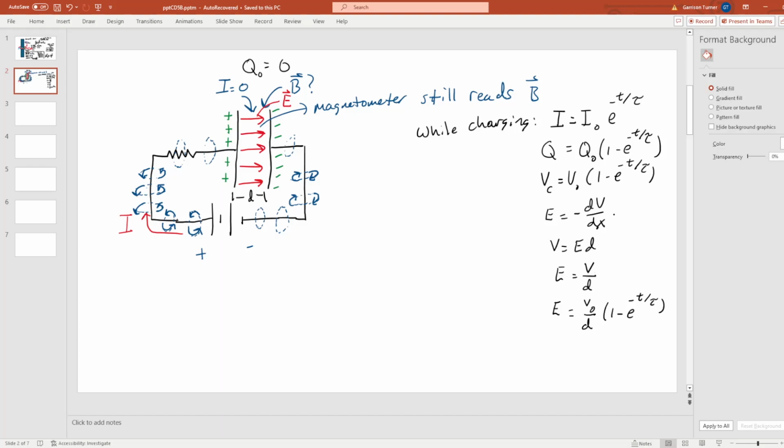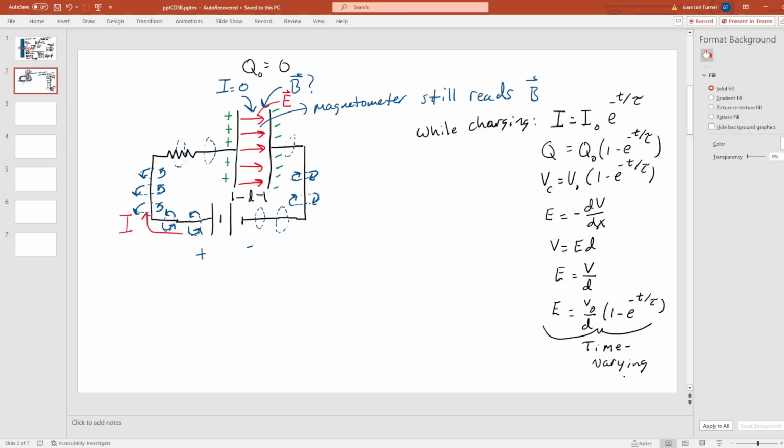Okay? Now, I don't have my vectors here, but that's perfectly fine. The whole point here is that this is a time-varying function. So your electric field is a time-varying function.